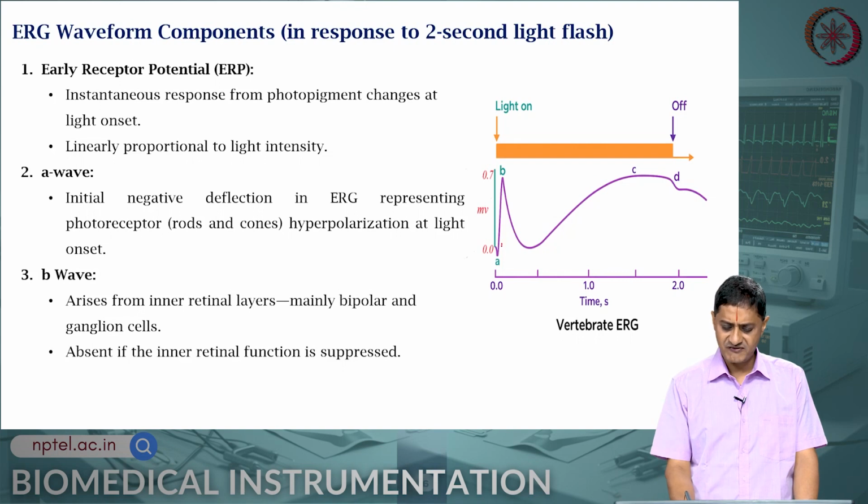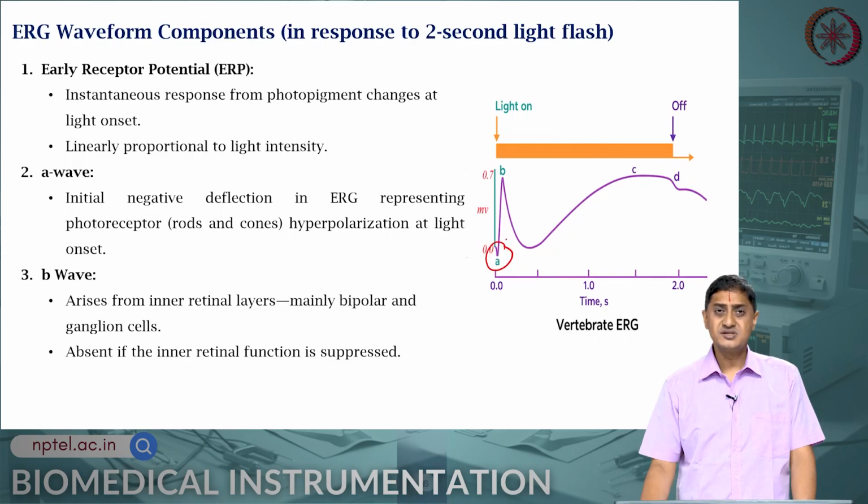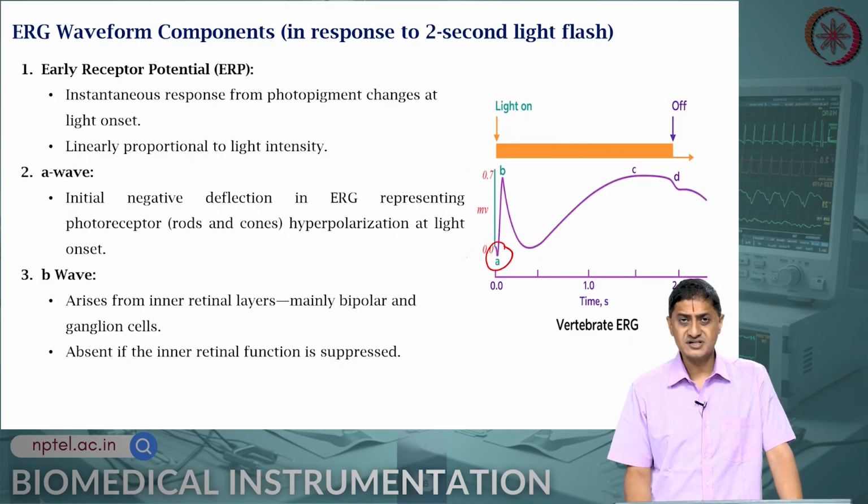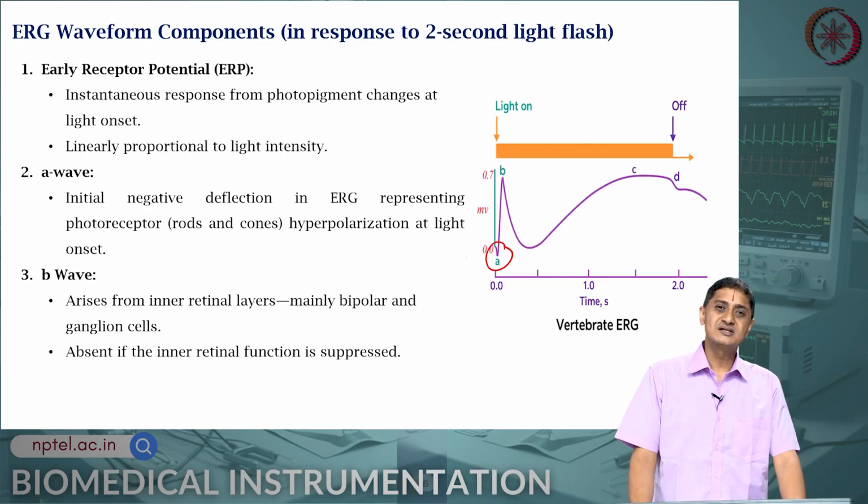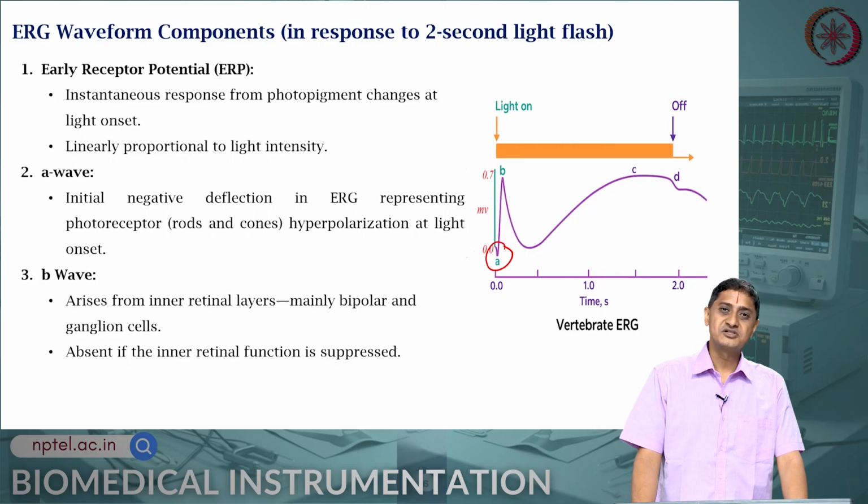Then you have the A wave, which is the initial negative deflection in the ERG, which is due to photoreceptor hyperpolarization. Recall that intensity of light essentially hyperpolarizes, and then the bipolar cells produce the action potentials at various frequencies.